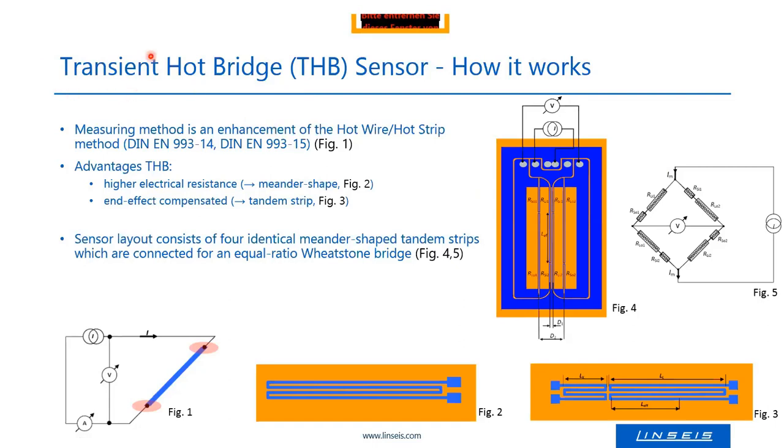It's called Transient Hot Bridge. Transient is for a non-steady-state method and indicates that it is a transient hot wire technique. Hot stands for hot wire, and bridge indicates that we are using the Wheatstone bridge integrated in the sensor.